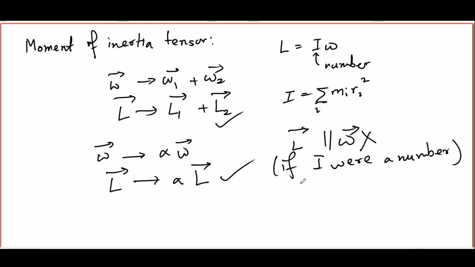Which is why in high school you could get away with pretending that moment of inertia was really just a number, a scalar quantity, and did not have to worry about the fact that it was actually a tensorial object. Indeed, you had never perhaps heard of a tensor in high school.